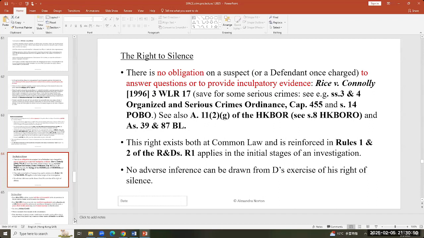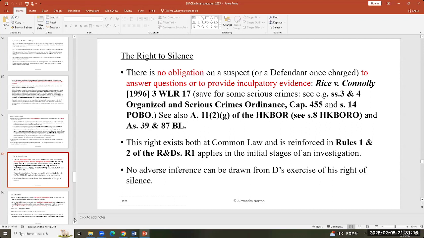That's the caution. So imagine a scenario where the defendant listens to the caution. He's told by the police officers, you have this right to remain silent. So he takes up that right. And then later, it's used against him to say, well, you must be guilty because you didn't answer questions, right? It makes nonsense of the whole Rule 2 caution.